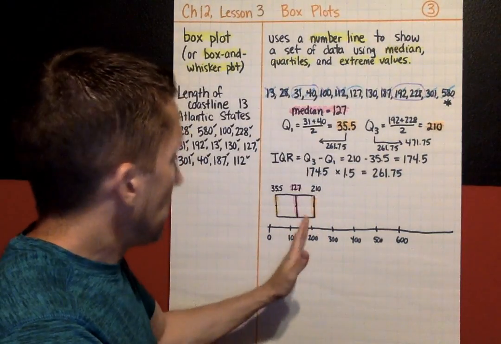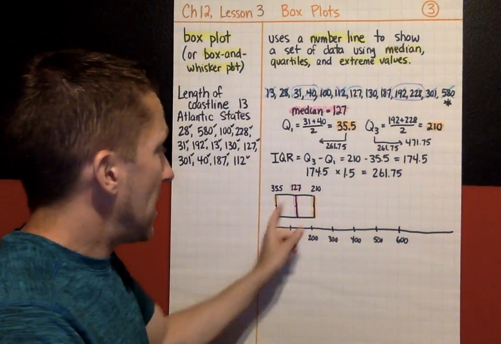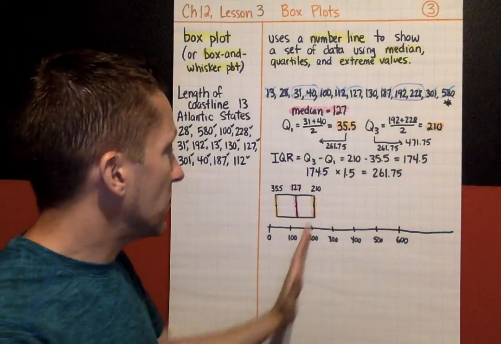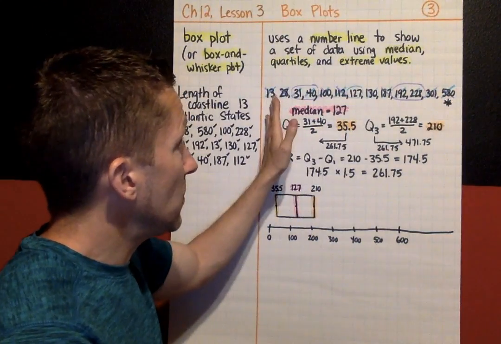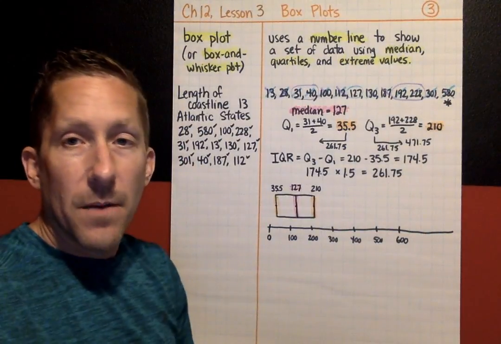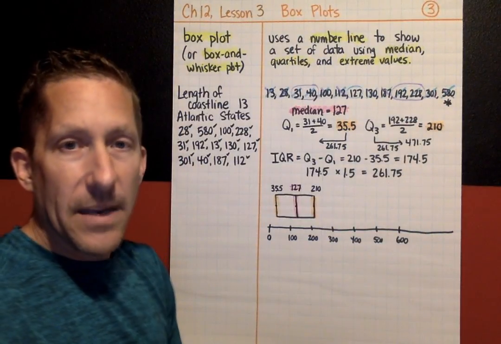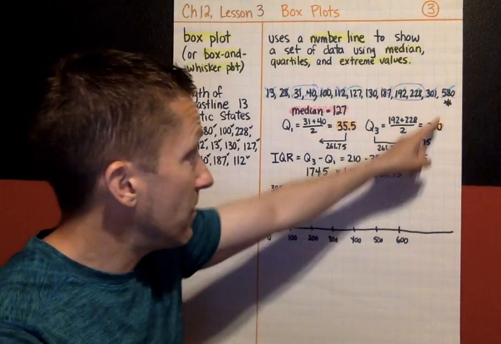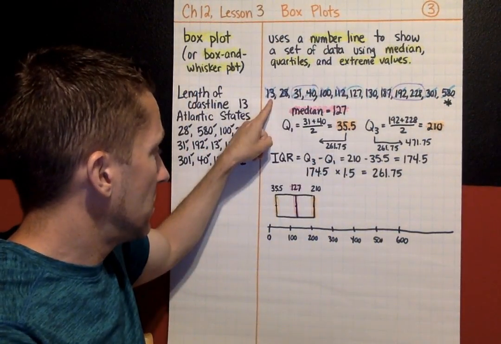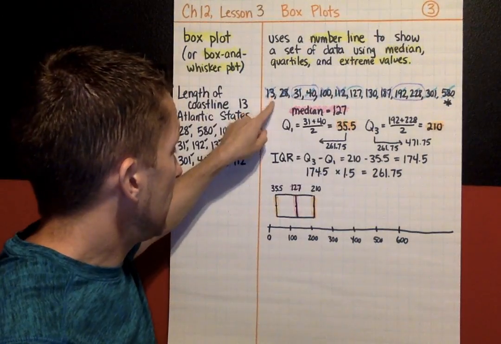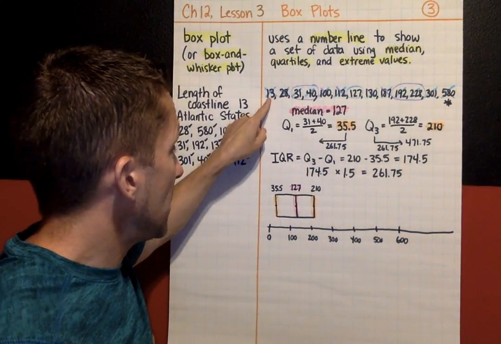Now, the whiskers. Remember it was called a box and whisker plot. Here's our box. The whiskers go out to the extreme values, the low value and the high value, but not including outliers if we have them. And remember, we do have an outlier on this side. This side we don't, so this side the whisker just goes to 13.